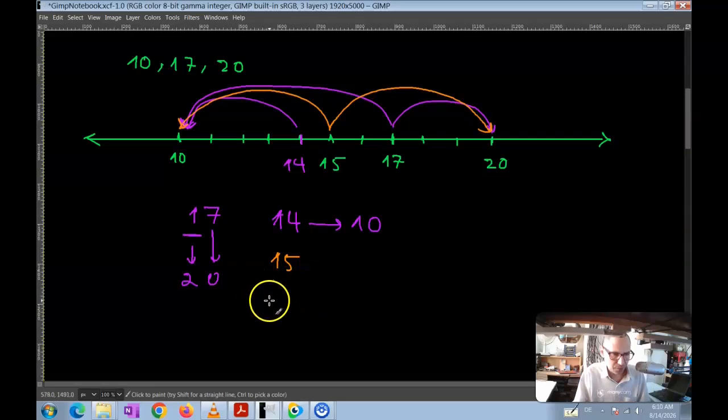Now again, if you take a look at the number 15, and you want to round it to the nearest tens, and you don't want to bother about the number line and all of those things, what you will do is take a look at the digit to the right of the tens place value, since you want to round to the tens place value. That digit is a 5.